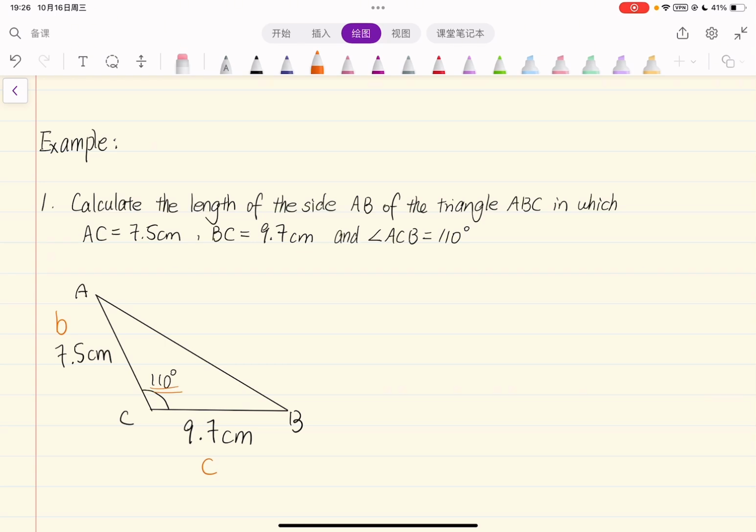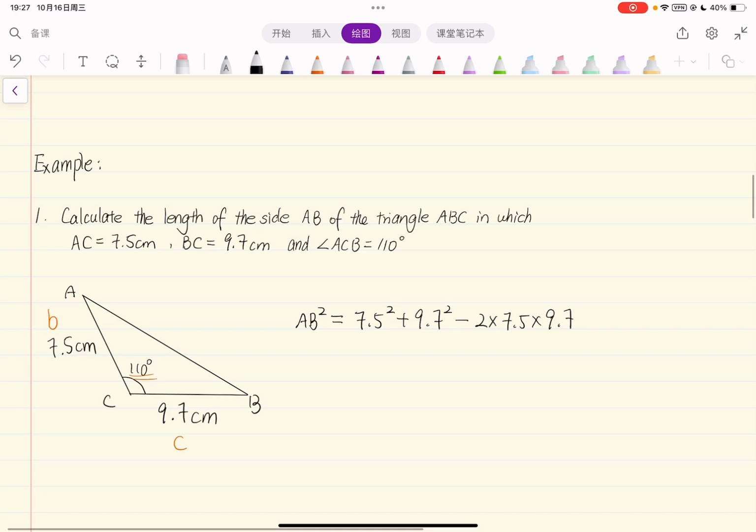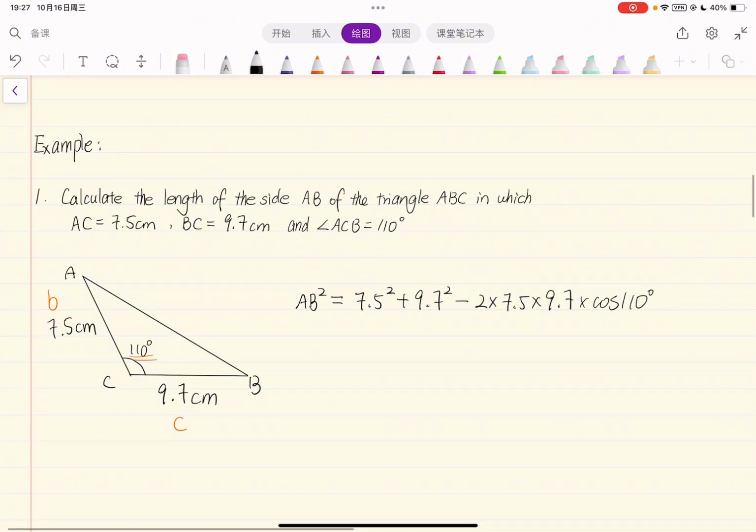So we write down AB squared equals 7.5 squared plus 9.7 squared minus 2 times 7.5 times 9.7 times cosine 110 degrees. In this case, AB equals the square root of that.